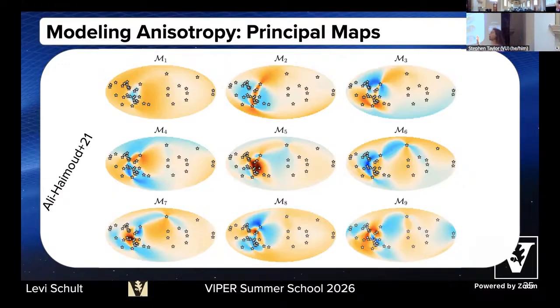This enables you to model the really small scale and the really large scale at the same time, but instead of parameters on spherical harmonics, you're doing the amplitudes of these principal maps. We can talk about that a bit more later if you have questions, because this is something that I think is going to be used in more and more anisotropy searches in the future.